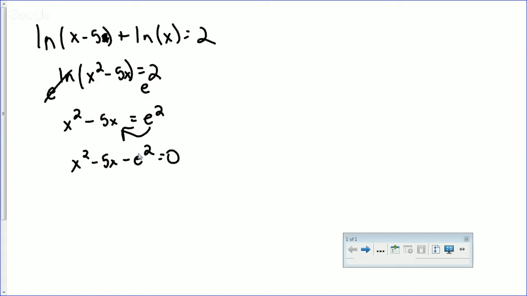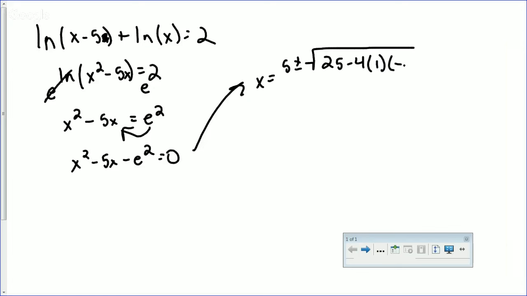And we can't factor this because e squared is a decimal. So what we'll do is we'll plug it into the quadratic formula. So we get x equals negative b plus or minus the square root of b squared minus 4ac, which is negative e squared, all over 2a, which is 1.